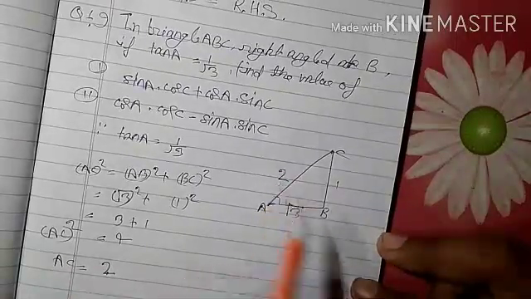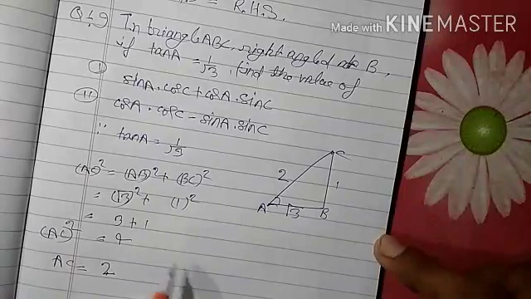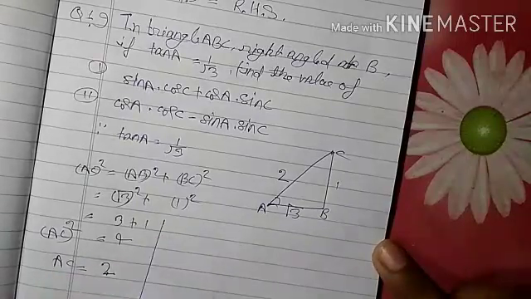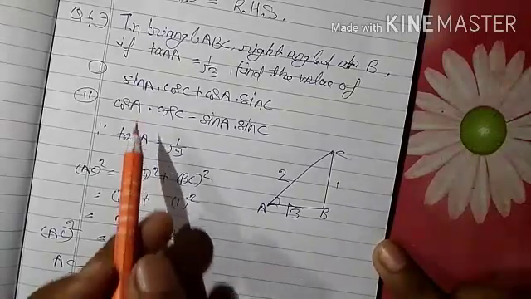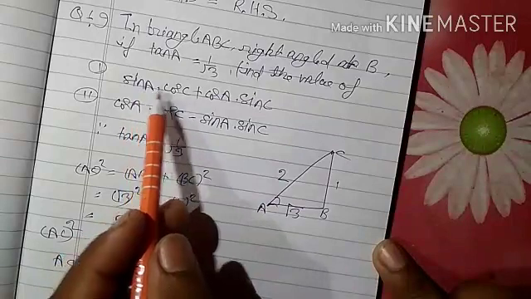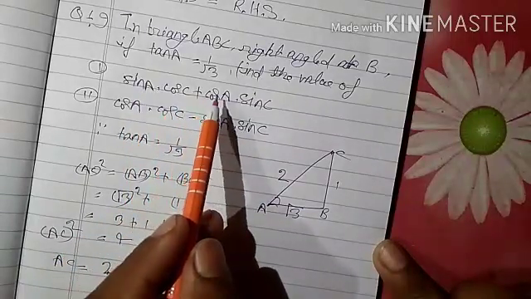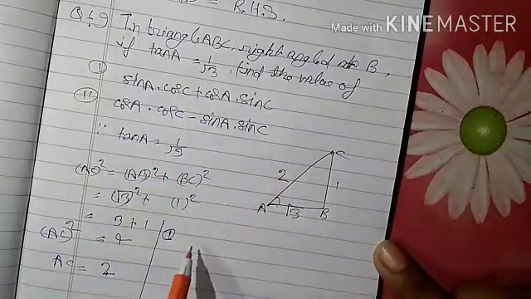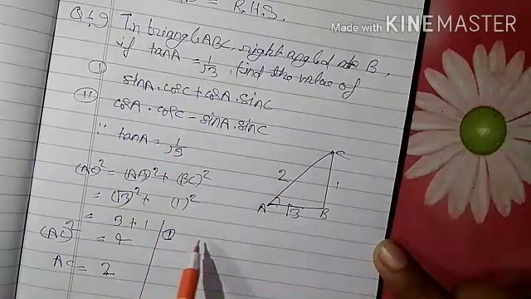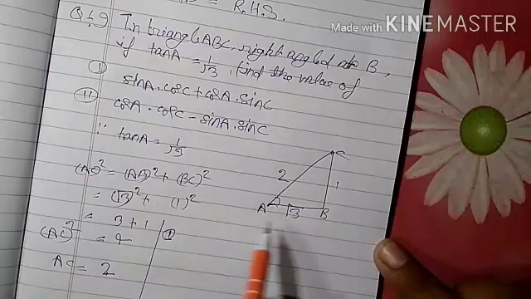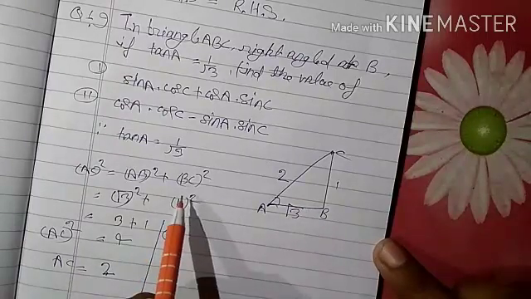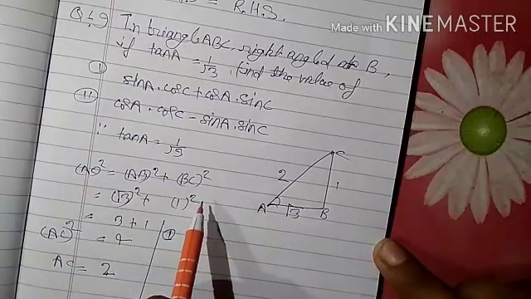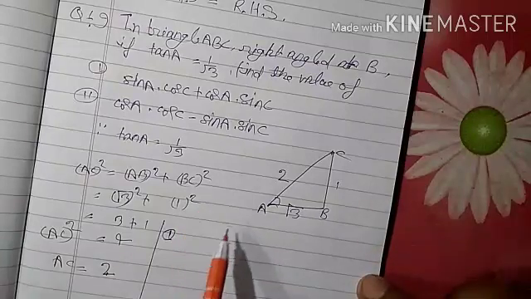So hypotenuse is 2. So first part we have to find out sin A into cos C plus cos A into sin C. So first of all we find all values.